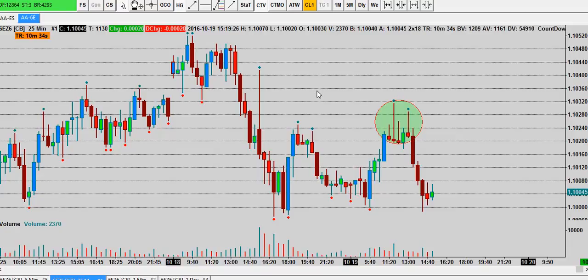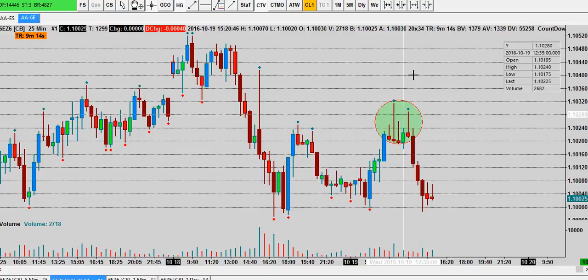Let's now see what happens when price retraces to this resistance area here, and how a trader can be creative and in parallel objective and disciplined, and not get trapped by the price action, and actually take the right decisions in live conditions. Let's go to the 5-minute chart now.